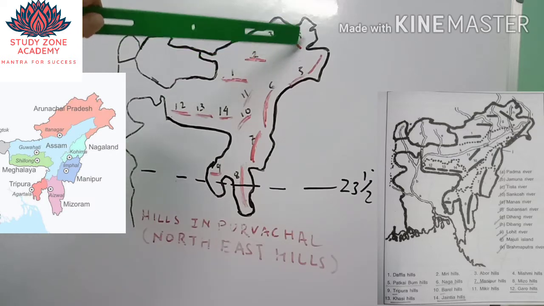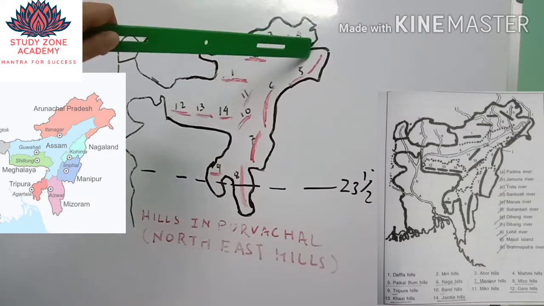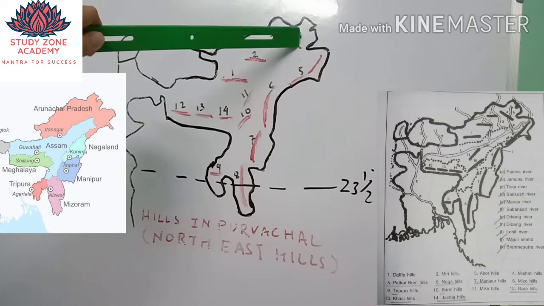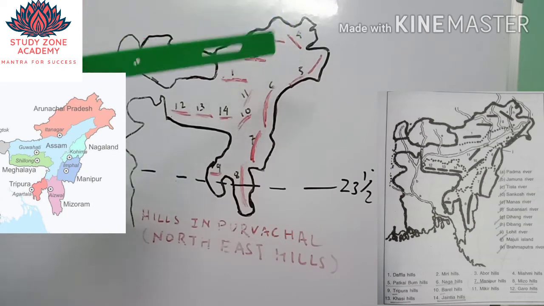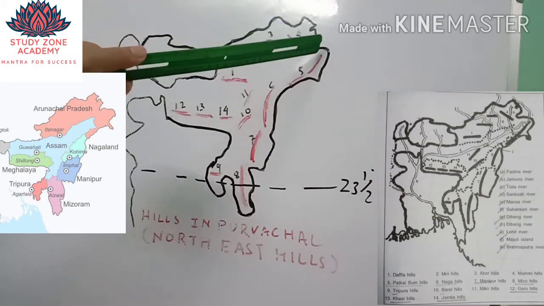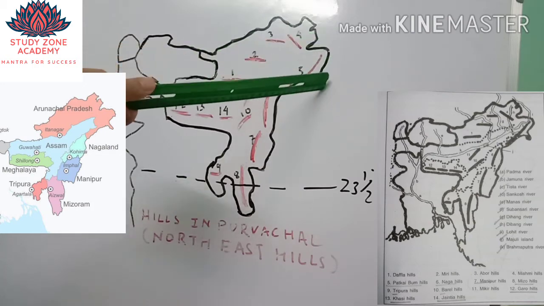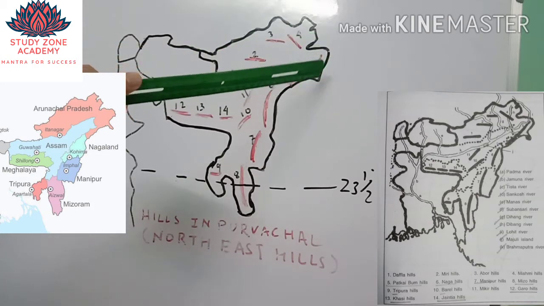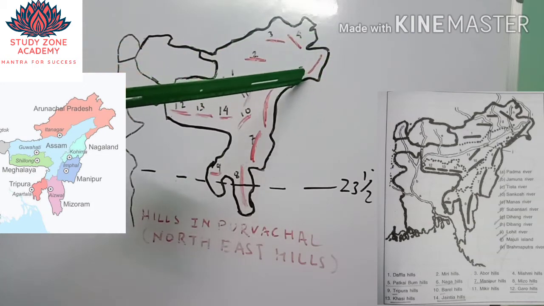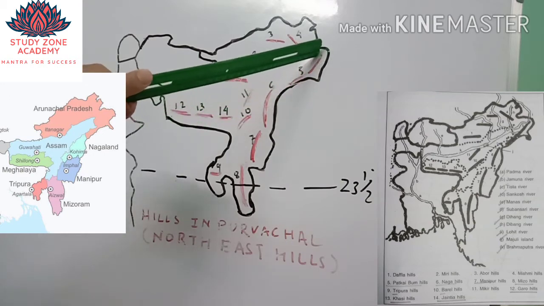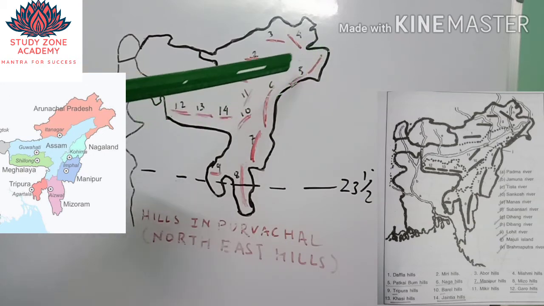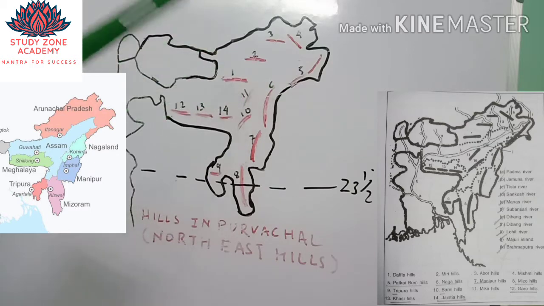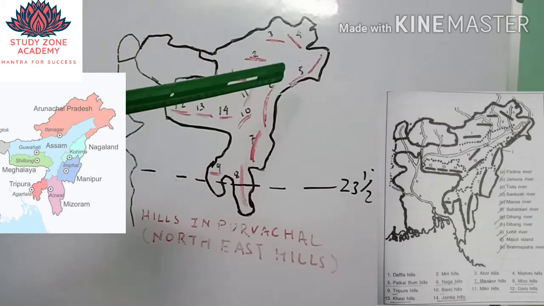Beside that, in a slanting position in between these two folds, you're going to find the Mishmi Hills. Beside that, this extension portion, this broad part, this nose-like thing coming out here, and this curvy portion, this entire border is almost covered by the Patkai Hills.